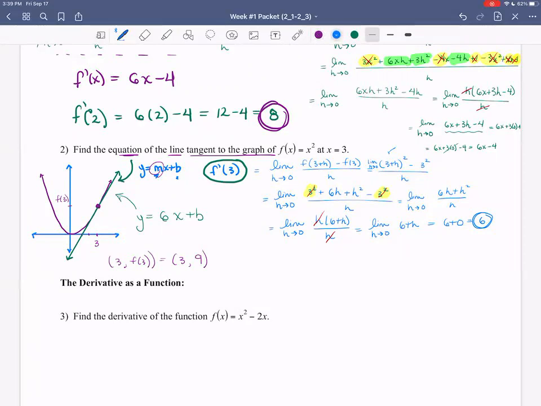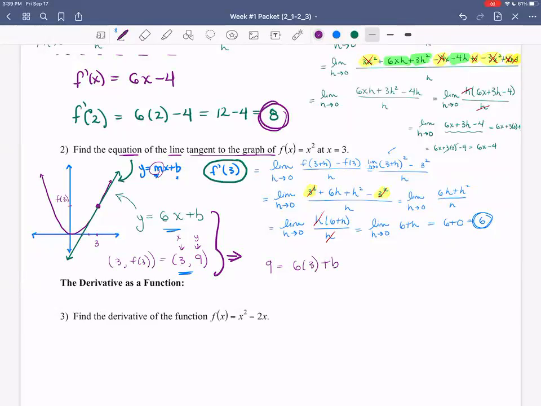We can use the structure of our tangent line and this point on our tangent line to find b. Let's go through that together. We know that the point 3 and 9 is on our tangent line, so I'm going to plug in 9 for y and 3 for x. So I have 9 equals 6 times 3 plus b.